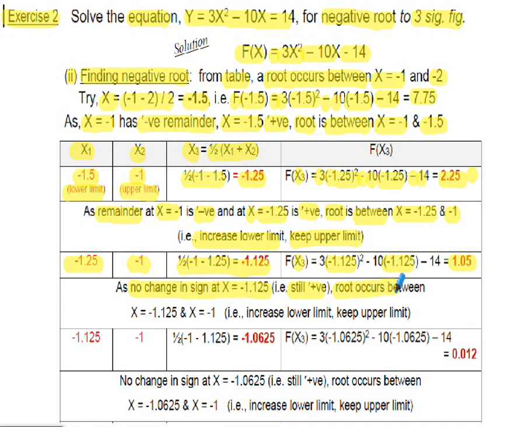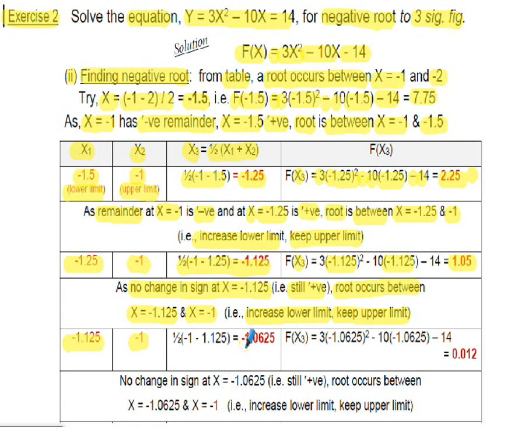So a root occurs between x equal to negative 1.125 and x equal to negative 1, because the remainder at negative 1.125 is positive and the remainder at negative 1 is negative. So now our interval width is going to be from negative 1.125 to negative 1.